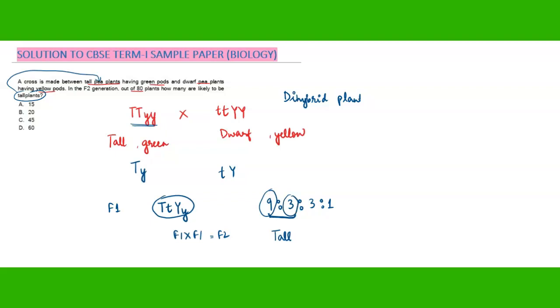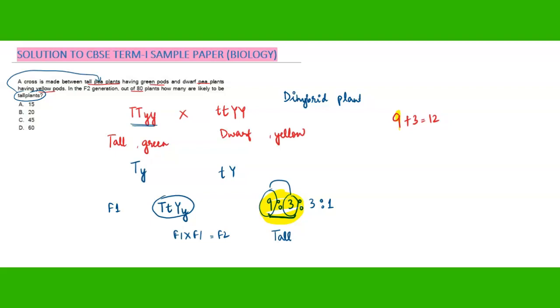So round was the dominant character. So it was getting expressed at these two phenotypic ratios. That means 9 plus 3. 9 plus 3 makes how many? That means 12 individuals were round in that pedigree given in the NCERT.